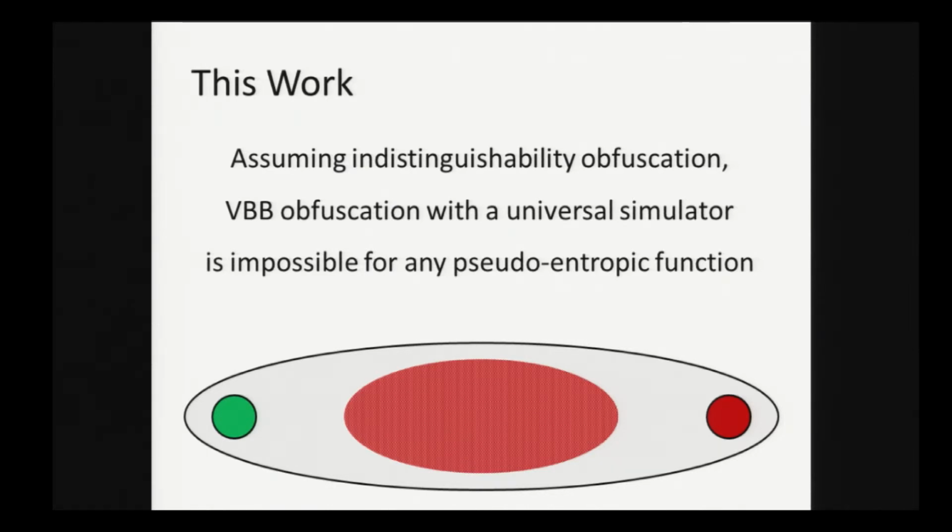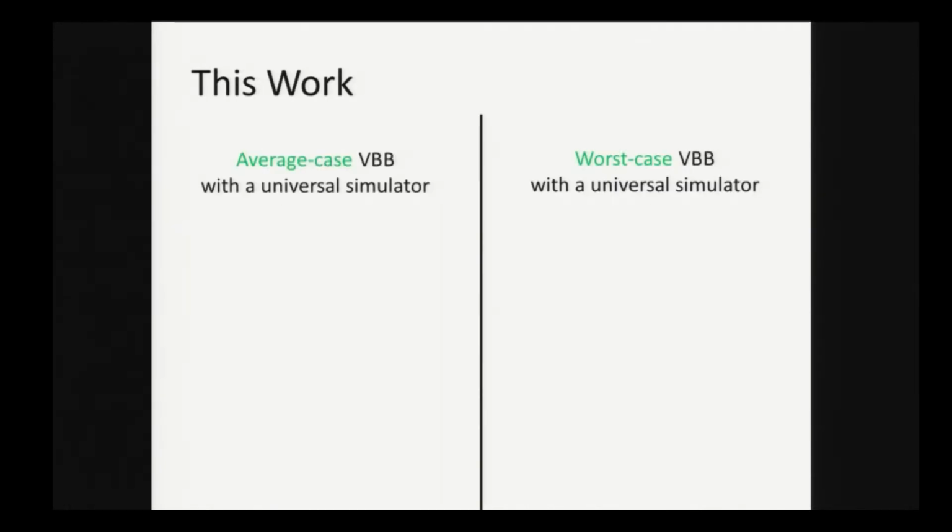OK, so this result can actually be separated into two results, one for average-case VBB and one for worst-case VBB. Worst-case VBB is the definition that we just saw earlier, when we require security for every single function in our family. And in average-case VBB, we only require security for a randomly chosen function from the family.